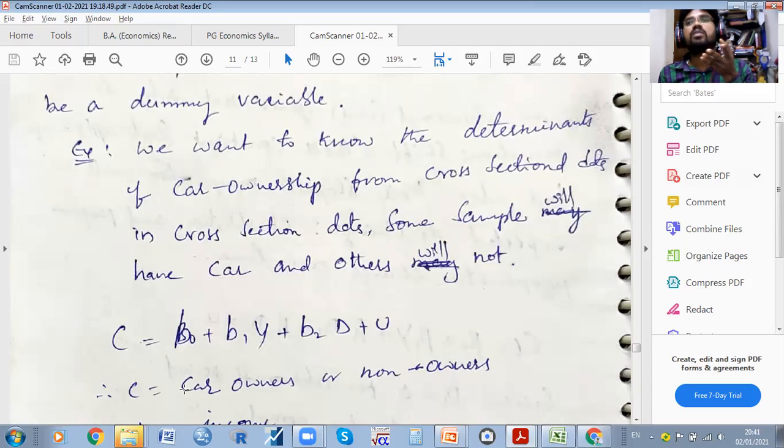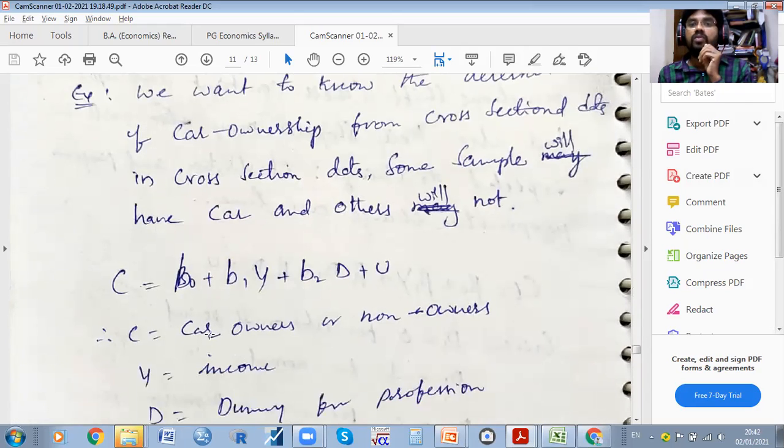For example, I may ask a question to the cab drivers, especially, so you can understand easily. Those who are driving the cabs, some people have their own cars, some people don't have cars of their own. So I may ask some question, so that is C: what is their income?